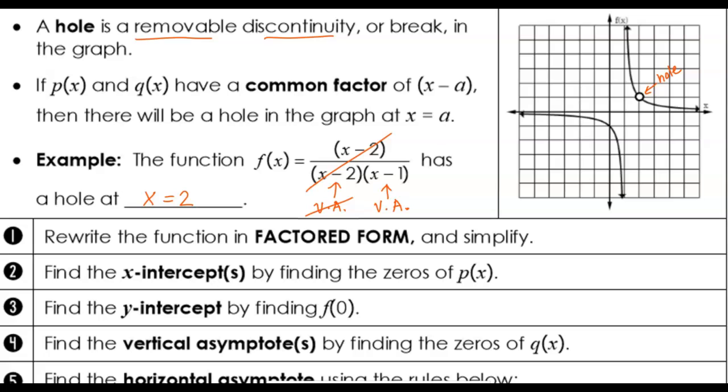It instead turns into a hole, right? Because we have 2. If I was to plug 2 into this equation, 2 minus 2 is 0. I would be dividing by 0, which is not allowed. Remember, the denominator cannot be 0. So we still have to have a discontinuity here, but it's just no longer a vertical asymptote. All right.